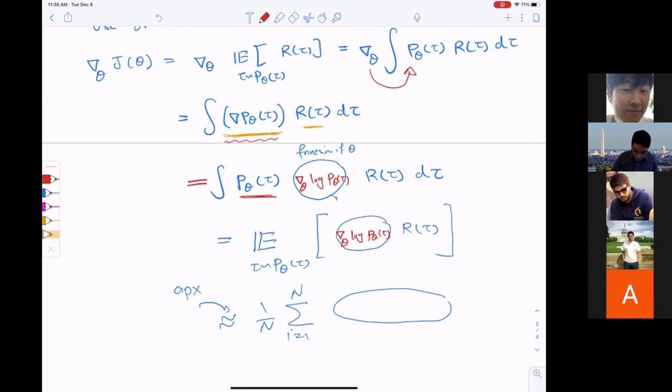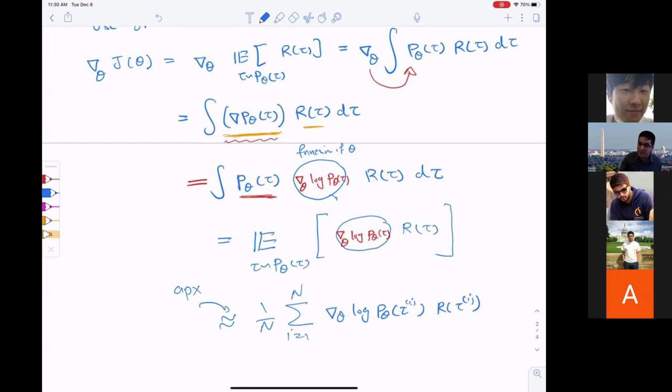And because this is the case, then I can write this integral as this expectation, and I can take n samples in order to approximate this integral. Let's say I look at sample i, the ith trajectory I generate, and I'll just look at this empirical average in order to do approximation of this integral.